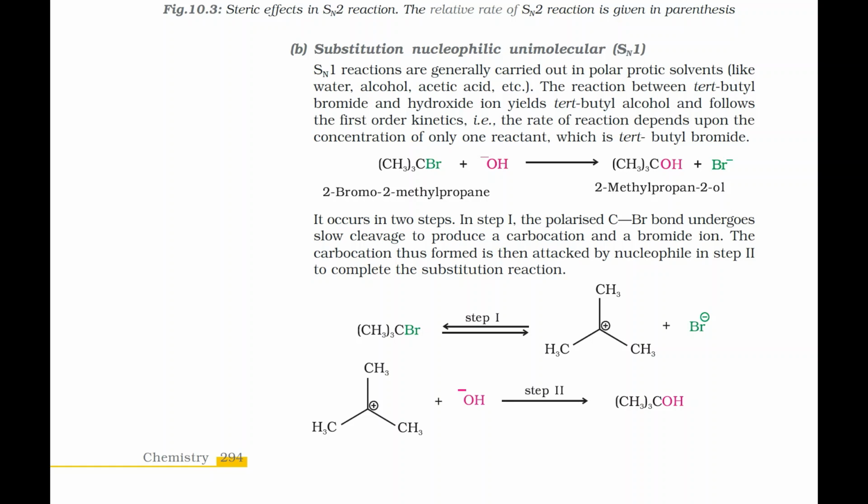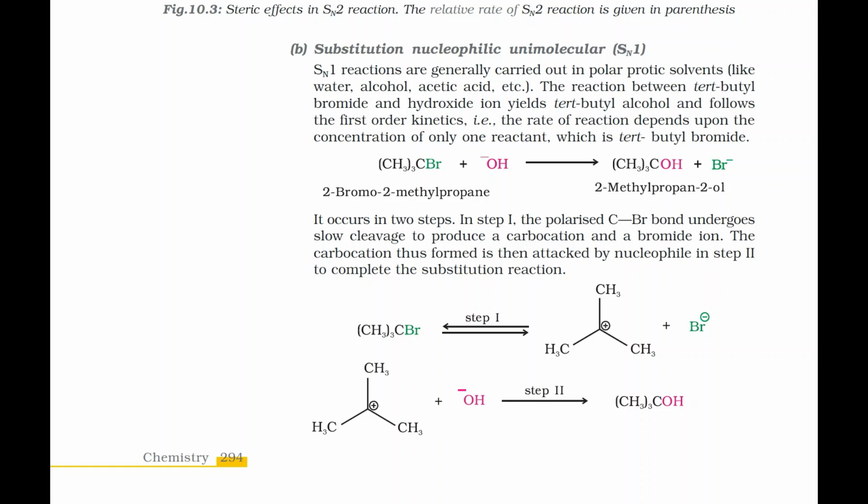I hope you understood. Let us explain once again. I have a tertiary alkyl halide. In the first step, the alkyl halide ionizes. That's why we carry out these reactions in polar protic solvents, which make these carbocations form easily. Once this forms, only then does the reaction proceed further.